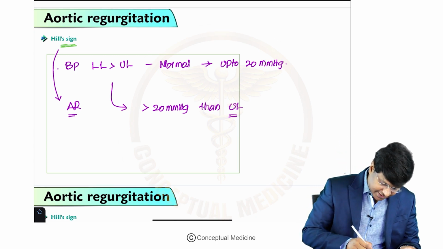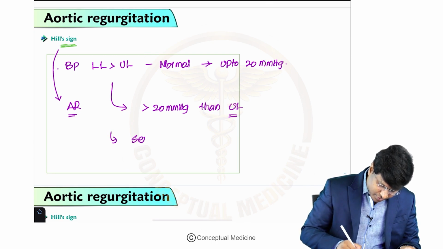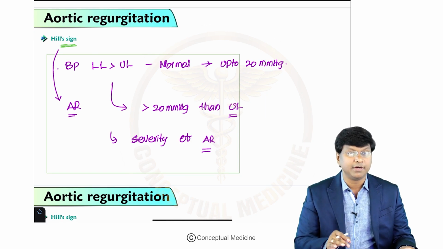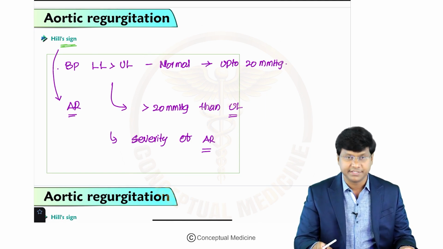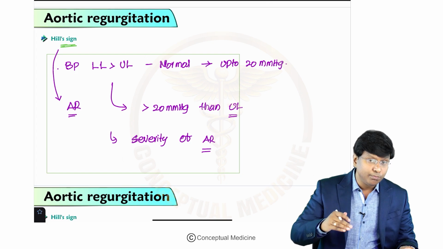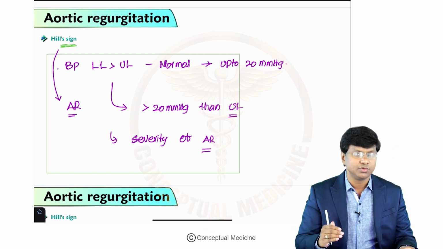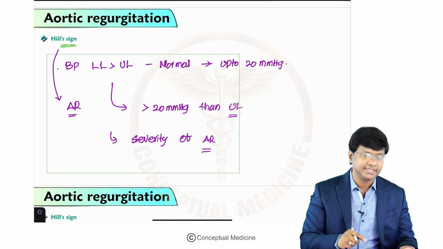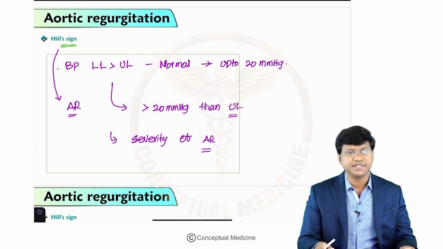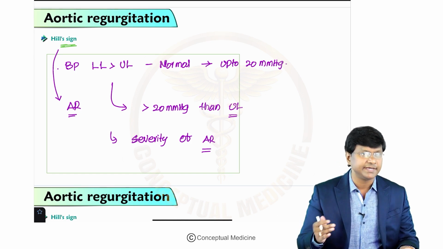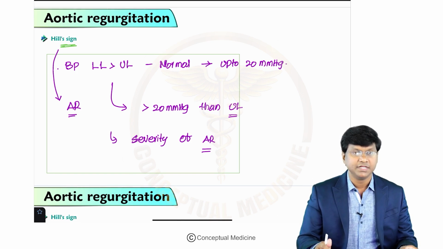And this particular Hill's sign also tells you about the severity of the aortic regurgitation. The more the difference in blood pressure between the upper limbs and the lower limbs, the more severe is your aortic regurgitation.